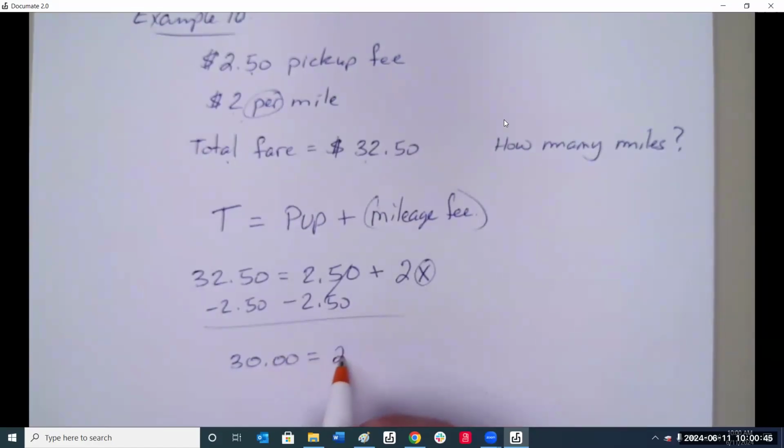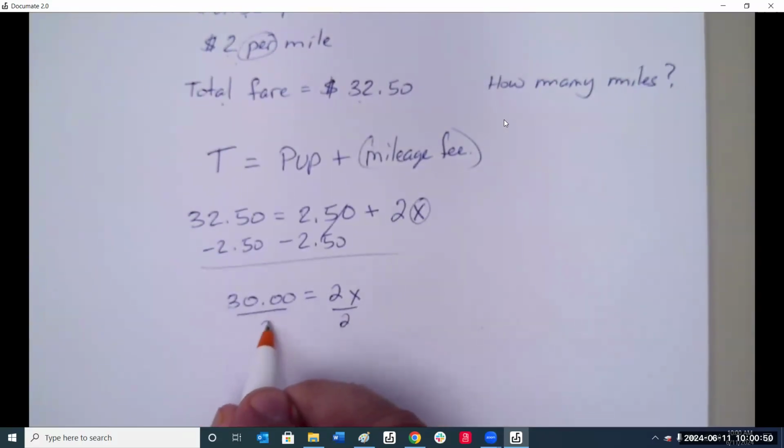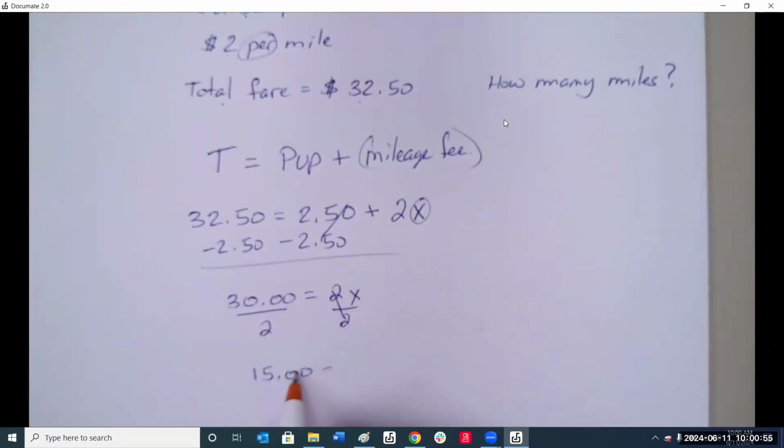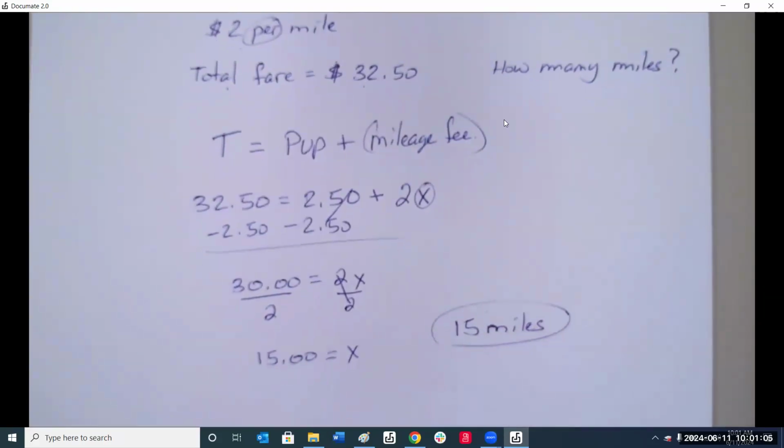That's 30 equals 2x, divided by 2, equals 15 miles from the airport to the hotel. That's probably the easiest one to sort out. Yeah, I agree.